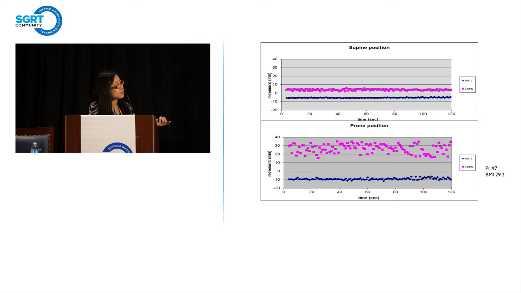They're the same scale and same timeline, so you can see very clearly. Especially for the vertical, I think this one picture is better than 1,000 words. This AlignRT can clearly show which position the patient can maintain their body position better.